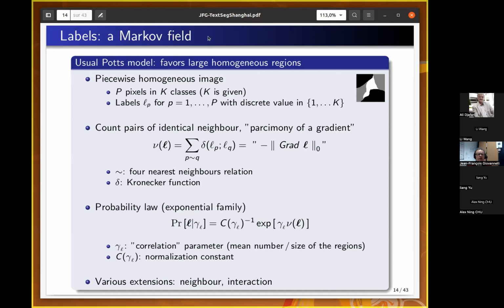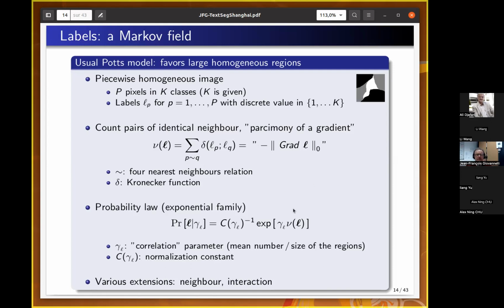And then I will use a very standard Markov field, more specifically a Potts field, with this probability density function. And this probability density function relies on this term that just counts the pairs of neighbor pixels with the same value. It is a kind of parsimony of the gradient of the label image. It quantifies the homogeneity or the length of the contours. Okay.